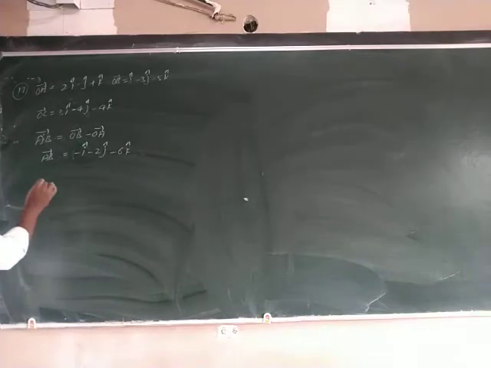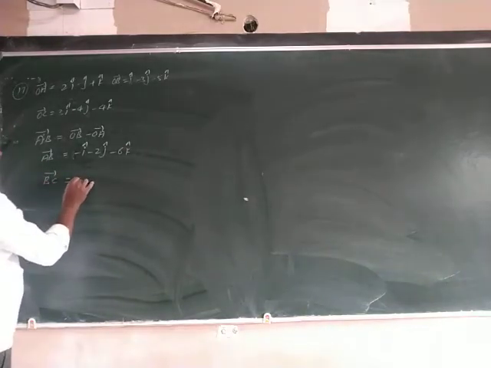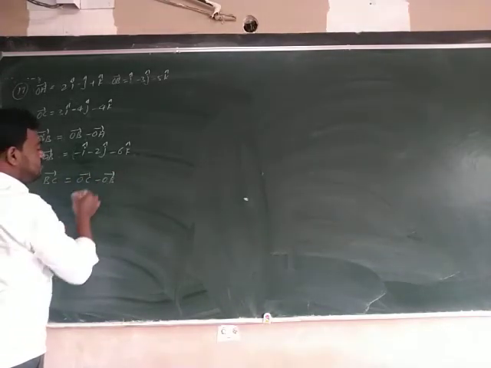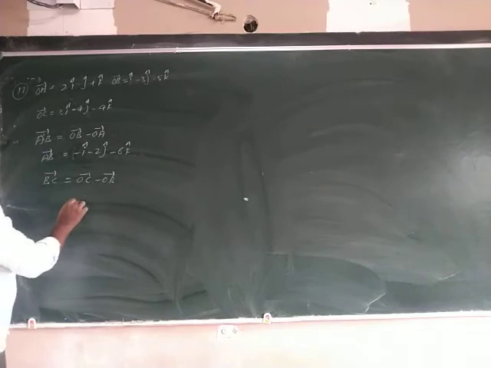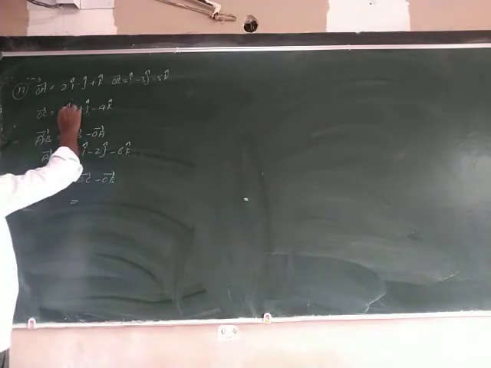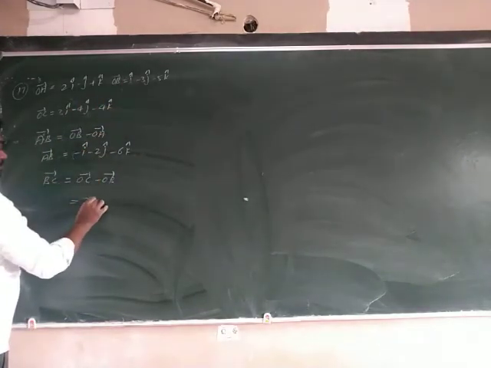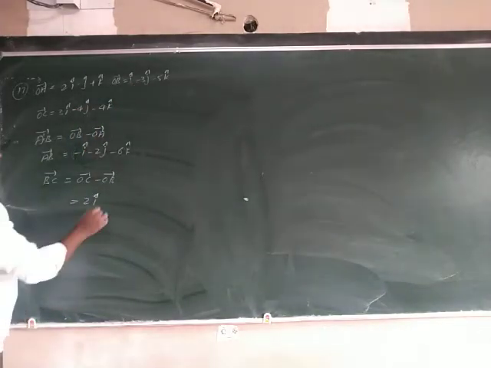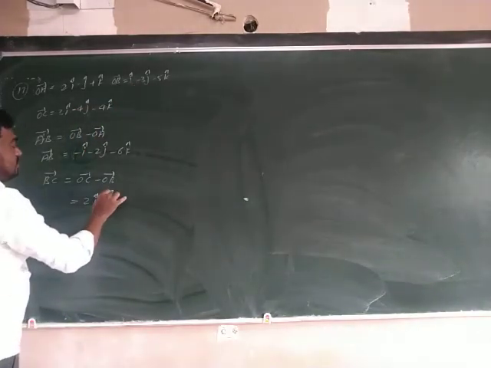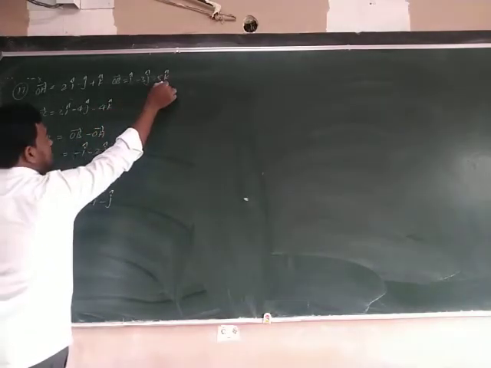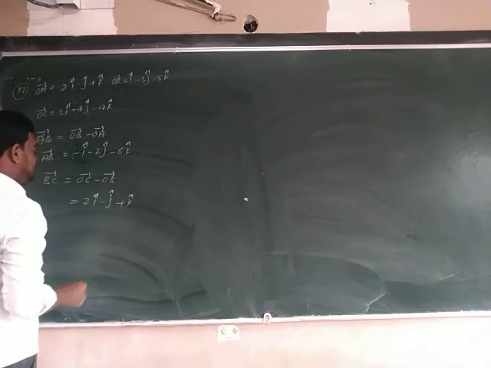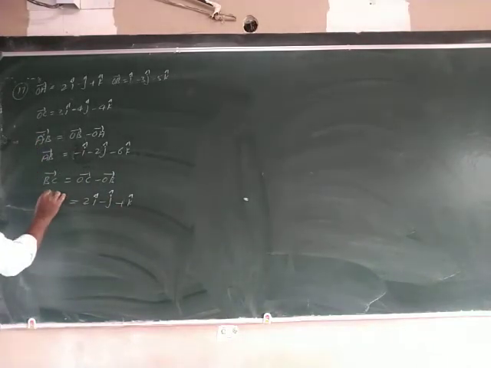This is vector AB. Next, you find vector BC, that is OC minus OB. So 3i minus i is 2i, minus 4j plus 3j, so minus j, minus 4k plus 5k, so plus k cap. This is the BC side.